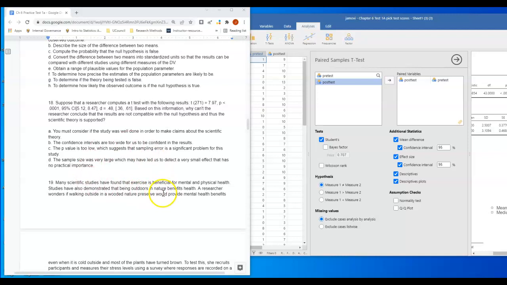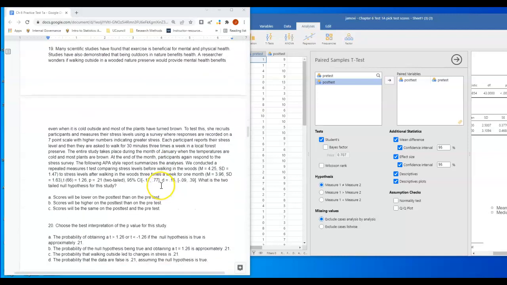Number 19. Many scientific studies have found that exercise is beneficial for mental and physical health. Studies have also demonstrated that being outdoors in nature benefits health. A researcher wonders if walking outside in a wooded nature preserve would provide mental health benefits even when it is cold outside and most of the plants have turned brown.